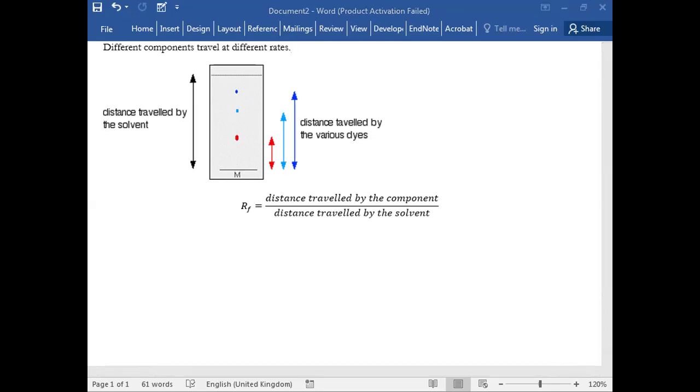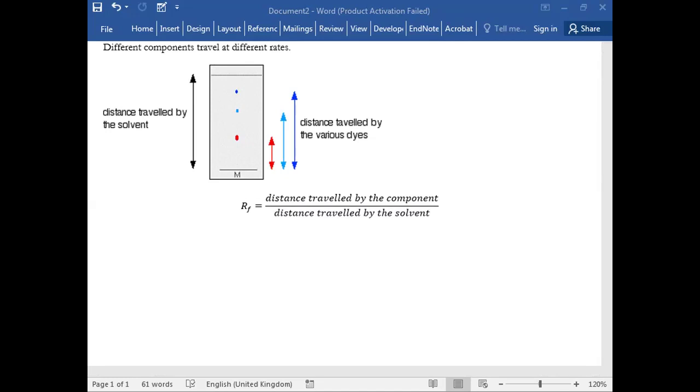Solvent front is the level till which the solvent travels on the stationary phase, or the level till which the mobile phase travels on the stationary phase.